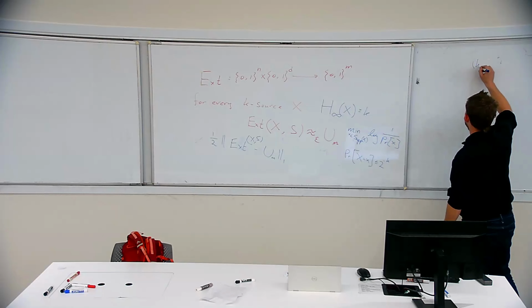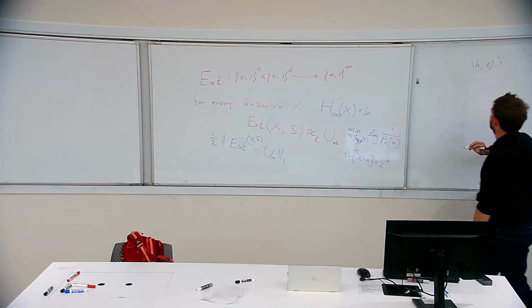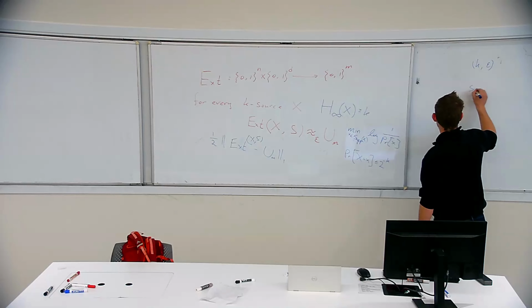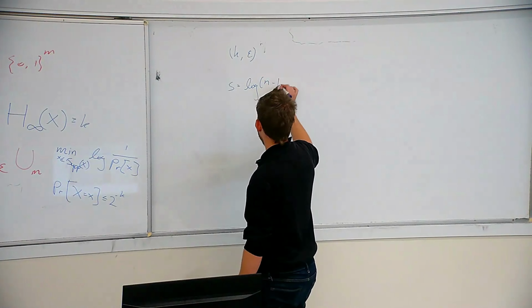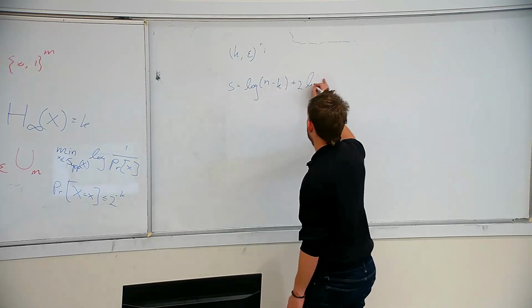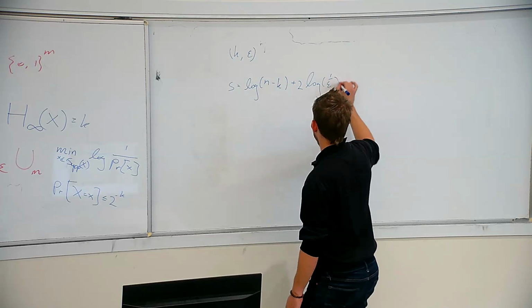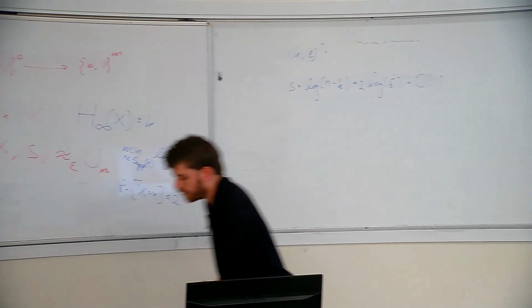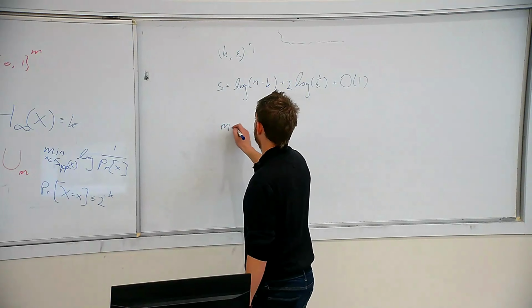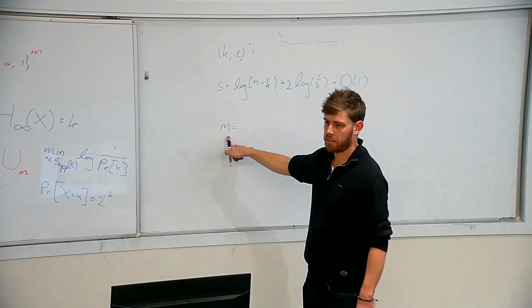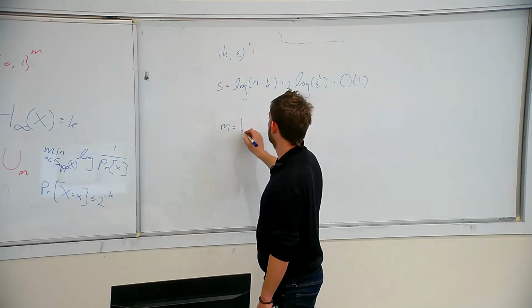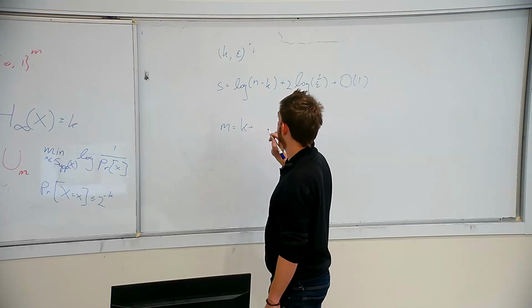For a (K, epsilon) extractor, we have the optimal seed length S equals log n minus K plus log 1 over epsilon. And for M, what should M be?